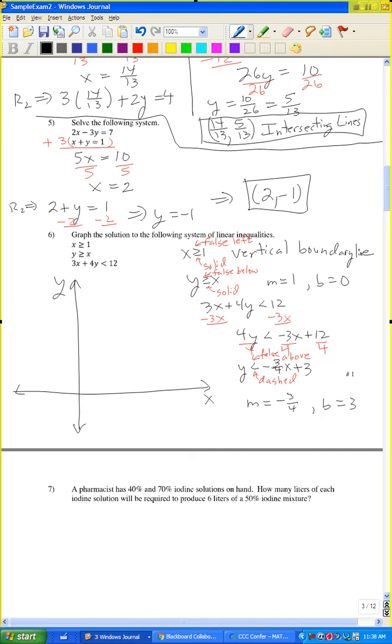Okay, so let's say 4, 2, 3. Okay, so we have here x equals 1, and it's solid.